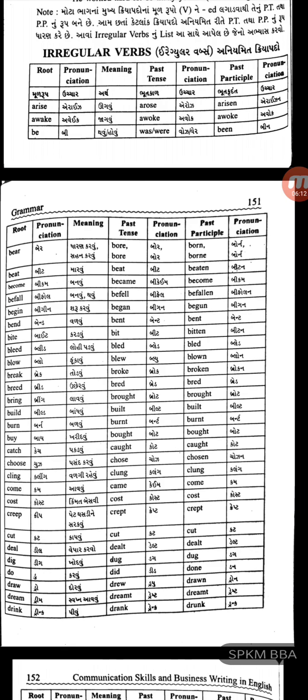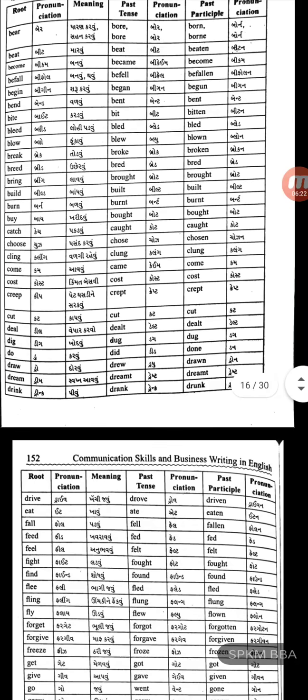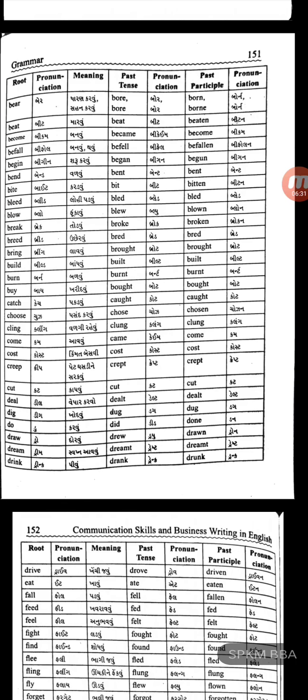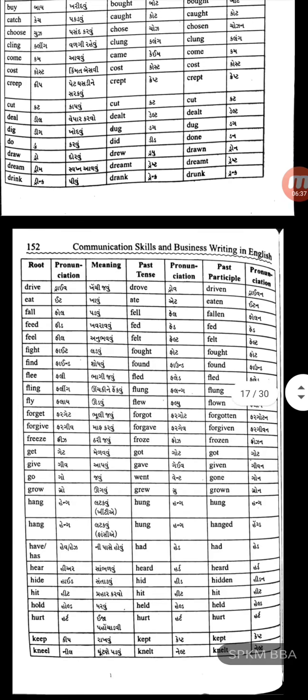Awake, past tense awoke, past participle awoke. So these are the different verbs mentioned below that you can read to understand how these irregular verbs can be converted into past tense and past participles.